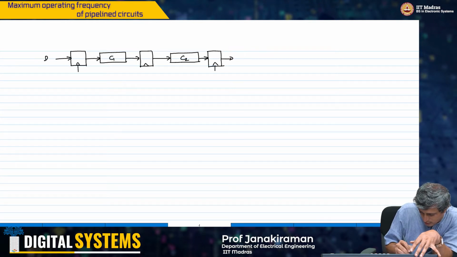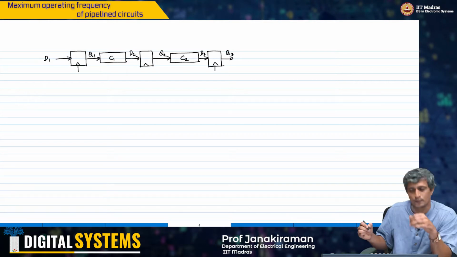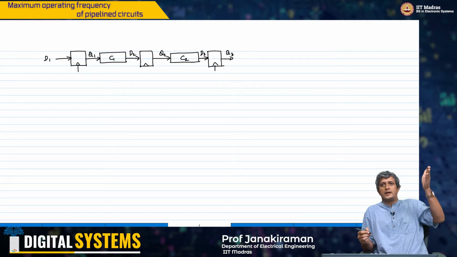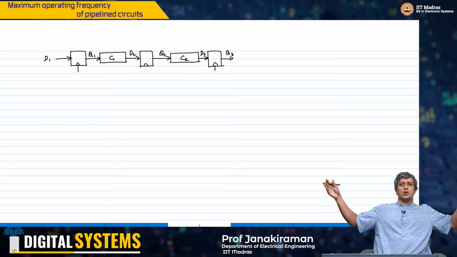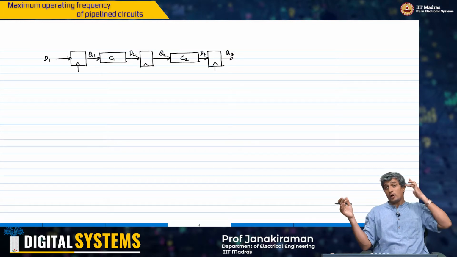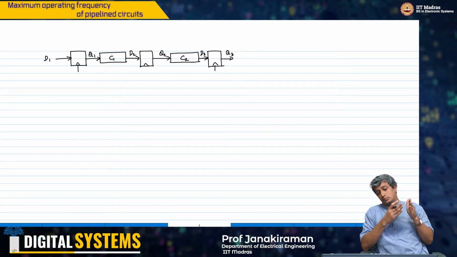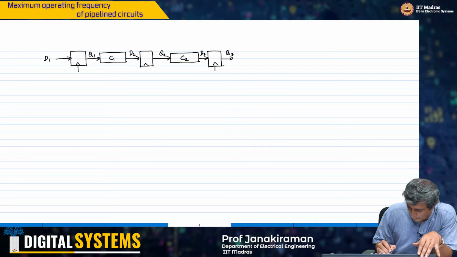So this is D1, Q1, D2, Q2, D3 and Q3. We have to wait for the data that comes into D1 to arrive at Q3. That is what we are going to define as latency. And the throughput is of course when we can feed the next data.